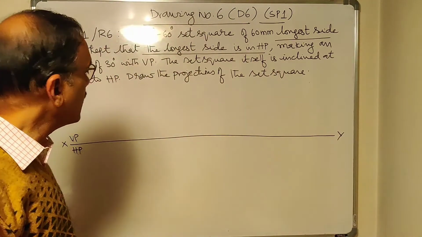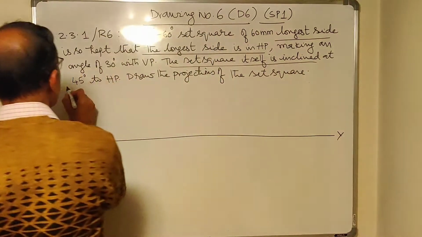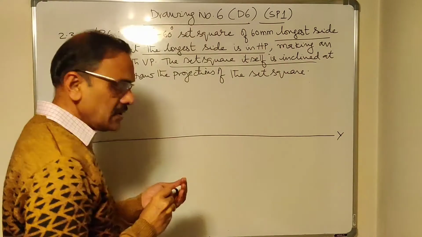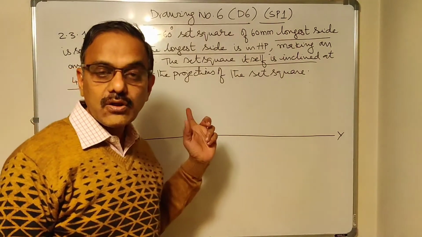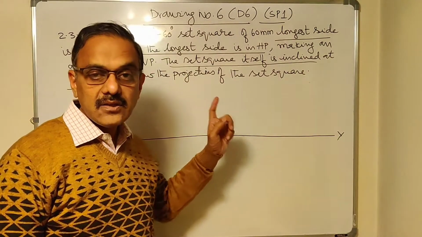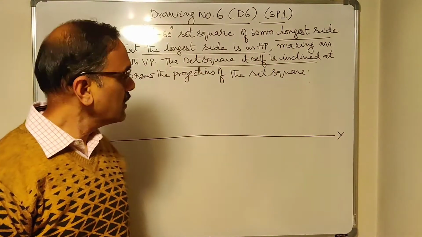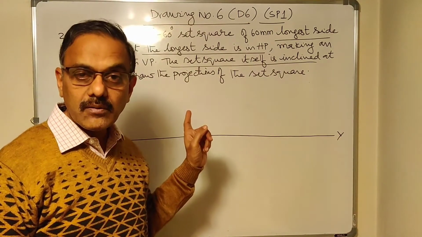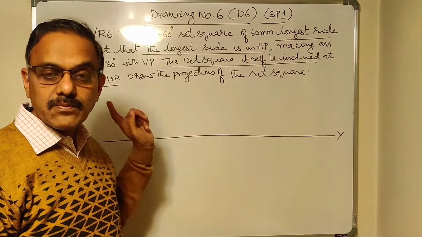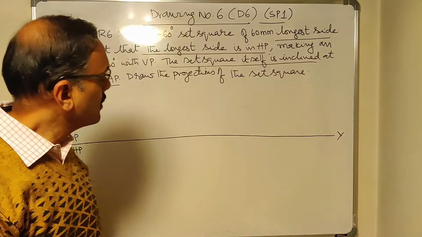Then the set square itself is inclined at 45 degrees to HP. That means the surface is inclined to HP. So you have both the conditions required for SP1. That's why I said this problem belongs to SP1. Whatever I have underlined, because of those two conditions given in the problem, this problem is under simple position 1. Done.